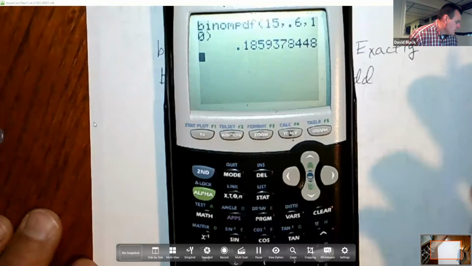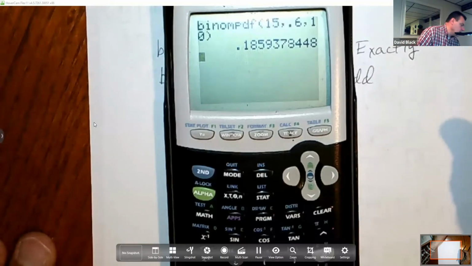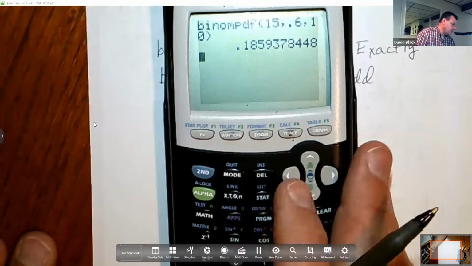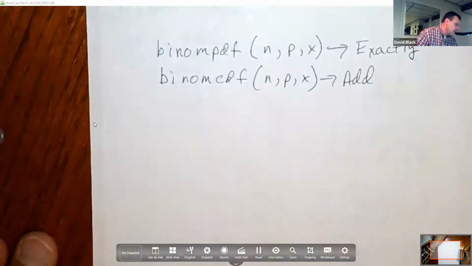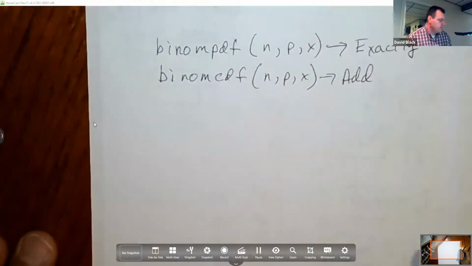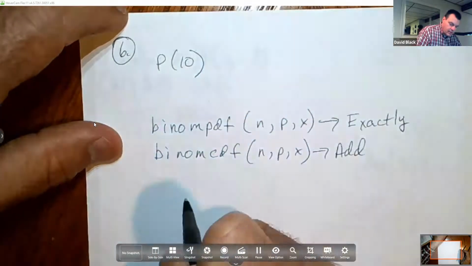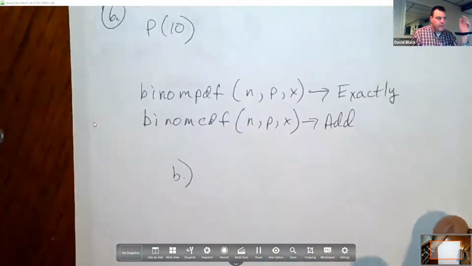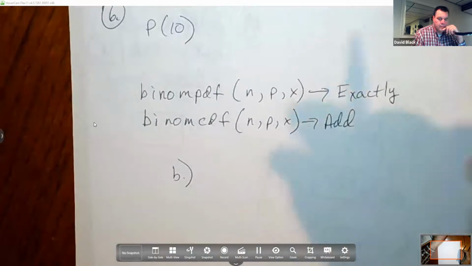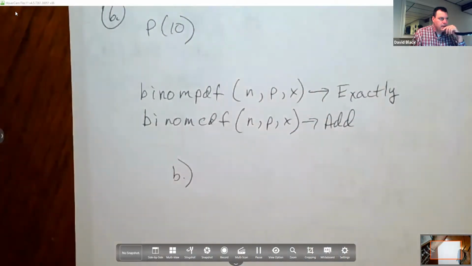Okay, let's go to part B. Part B says find the probability that fewer than 5 believe the minimum driving age should be 18. Well, you got to think about what fewer than 5 means. So here's what I suggested the other day. Could fewer than 5 mean 6?